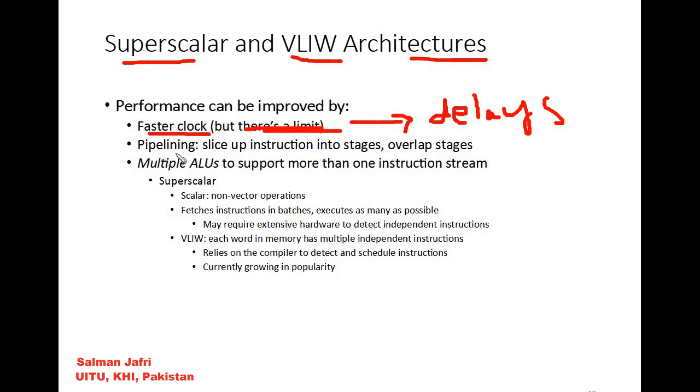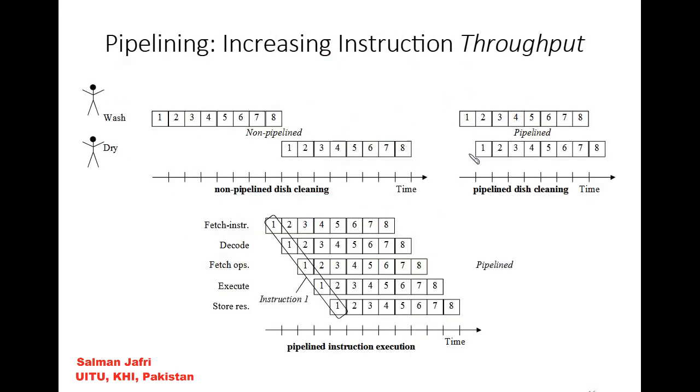Then, as discussed before, we can have pipelining, which can be used to slice up an instruction into stages and overlap the stages. Like we discussed previously, at this point in time instruction 1 was in the fetch operands phase, instruction 2 was in decode, and instruction 3 was being fetched.